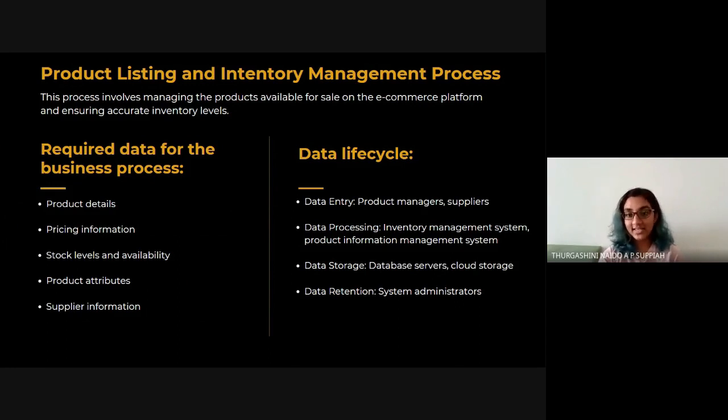The data life cycle is: data entry, for example, product managers and suppliers; data processing, where the inventory management system and product information management system are used; data storage, in data servers and cloud storage; and data retention, by the system administrator.